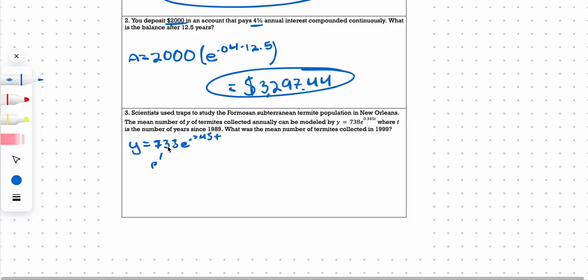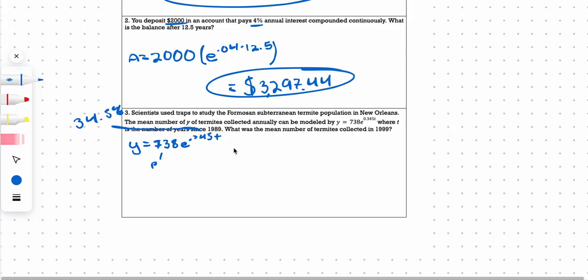This is our initial value. This is how much we start with. This is our rate. 0.345 as a percent is just 34.5%, so it's increasing by 34.5%. That's our rate, and T is just our time.